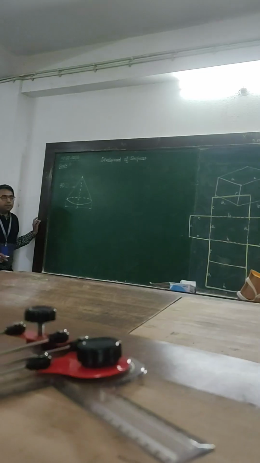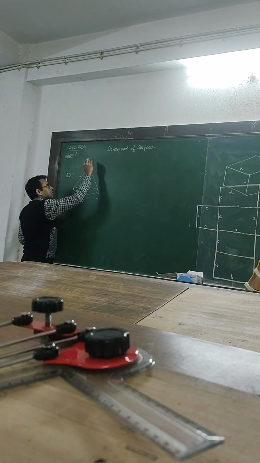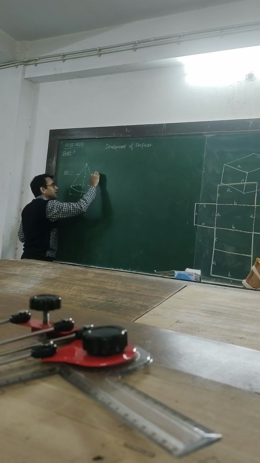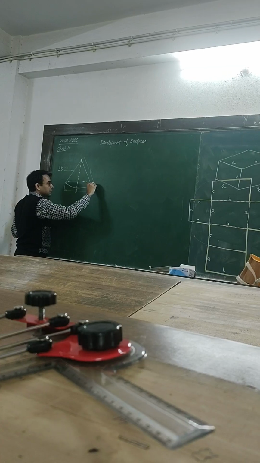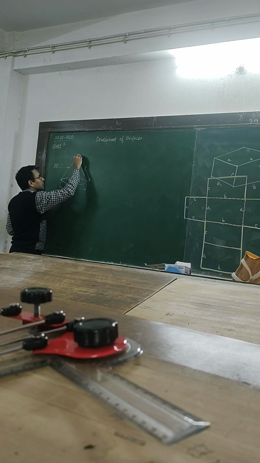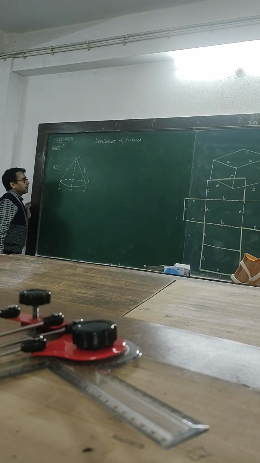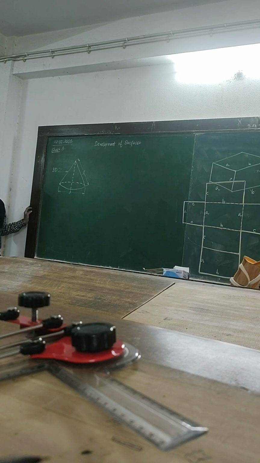This will be pi d. So one length is pi d, another length is this one. This is L. The lateral length, the inclined length, is L.